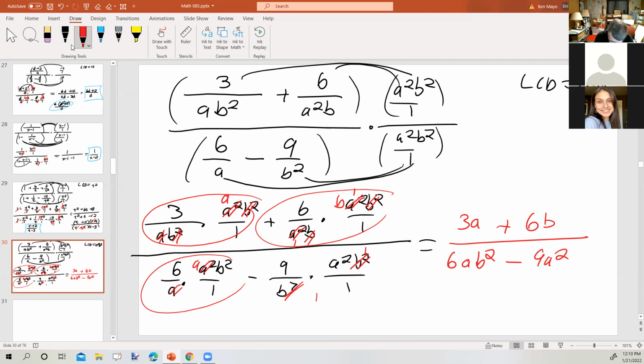Okay, what can we do? We can take a 3 out of the numerator and get a plus 2b. We can take a 3a out of the denominator and get b squared minus 3a, which gets us nowhere.